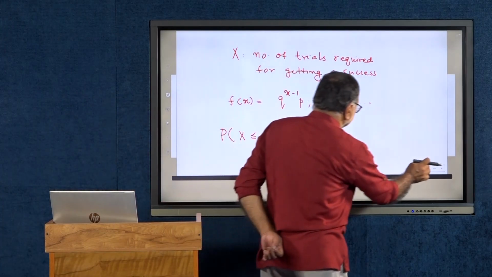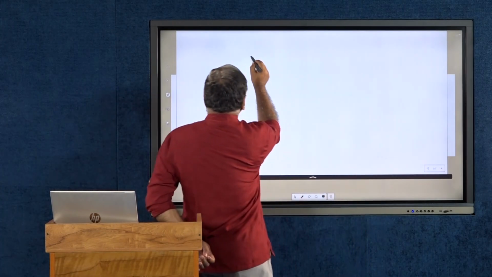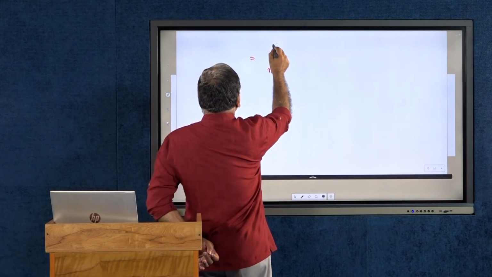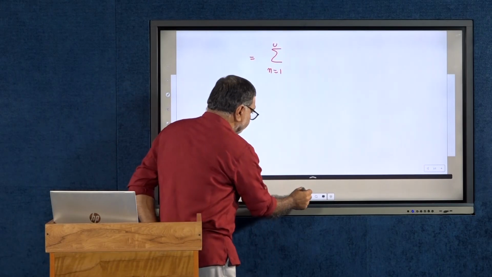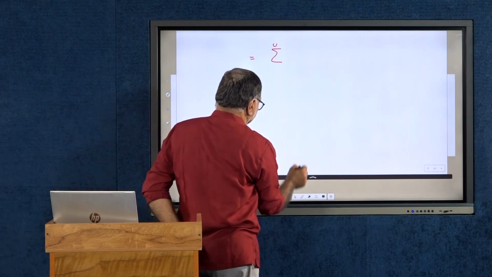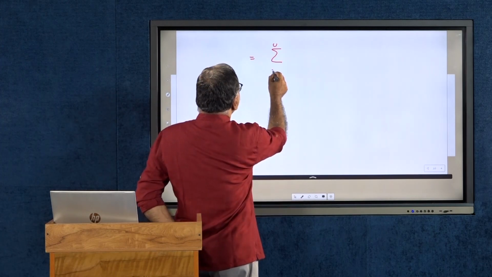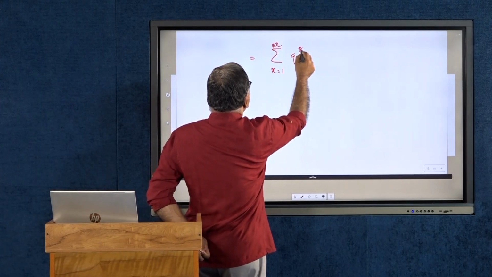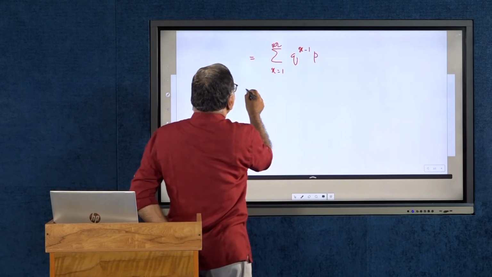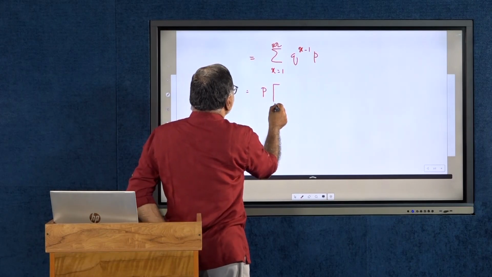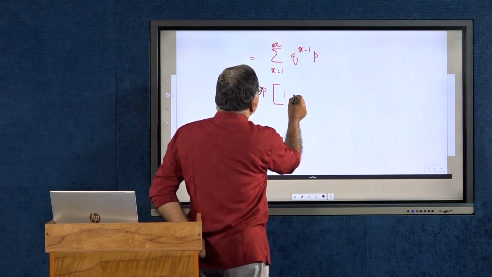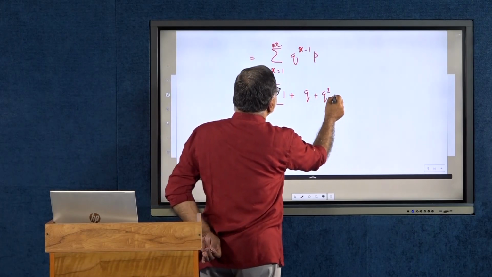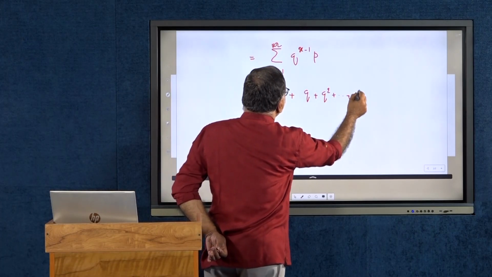Simplifying, so this is actually the sum over x is equal to 1 to n of q power x minus 1 into p, and that is p into 1 plus q plus q square plus etc. up to q power n minus 1.